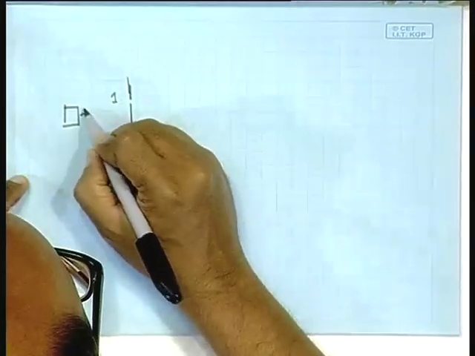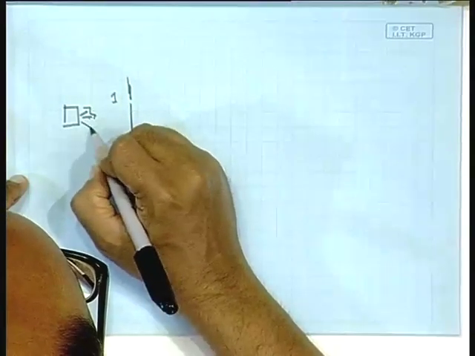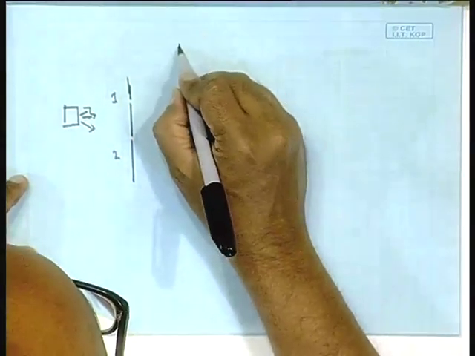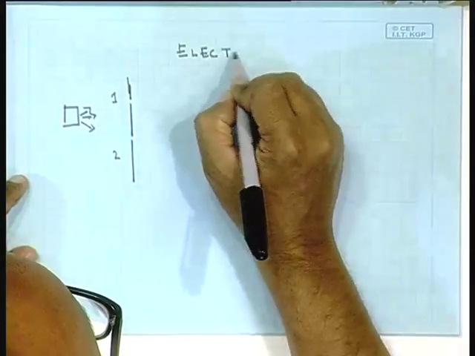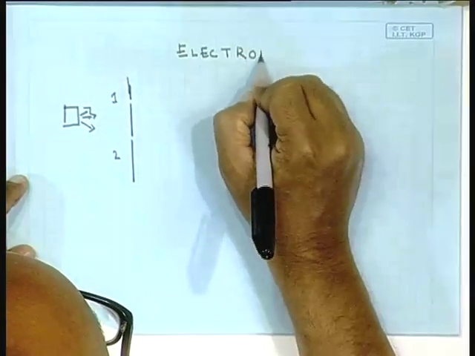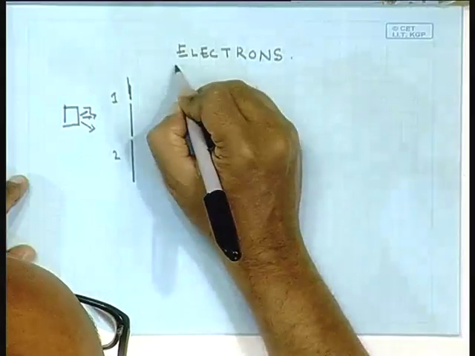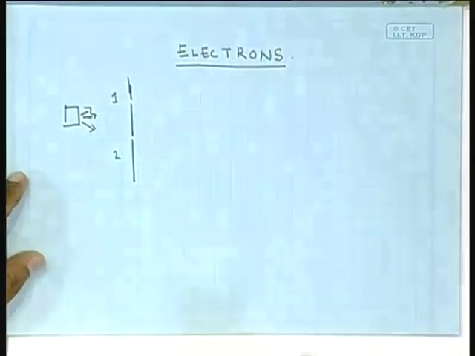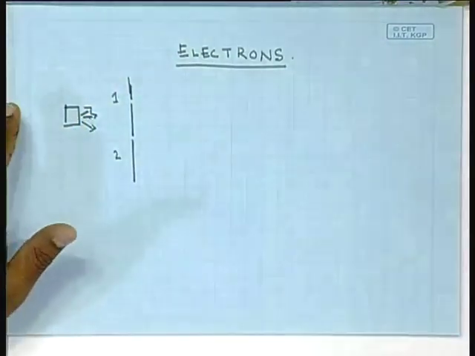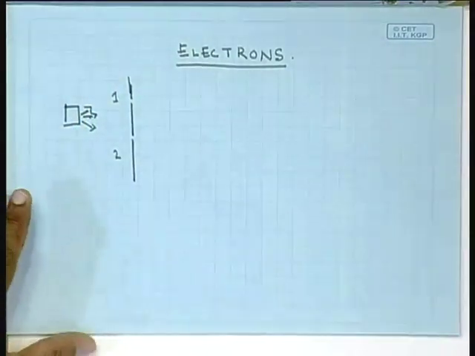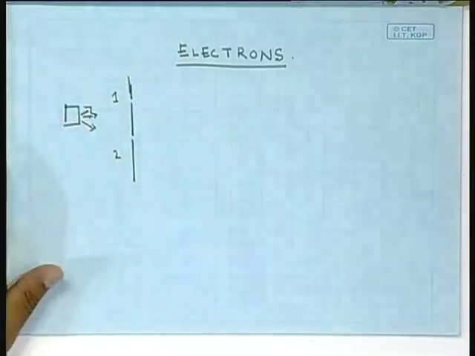This source now sends out electrons. So, there is a source which sends out electrons in the forward direction, and these electrons are incident on two slits which I call slit 1 and slit 2.